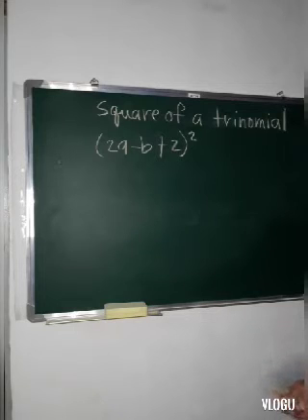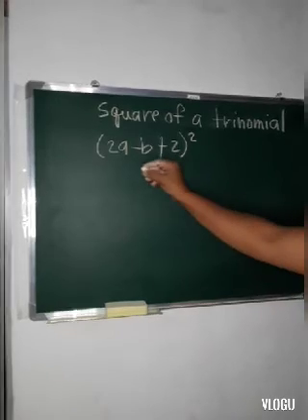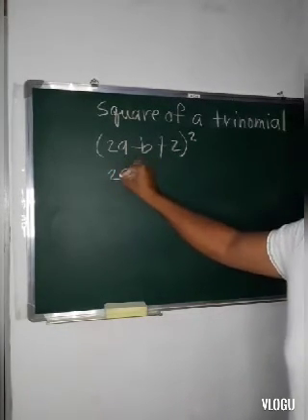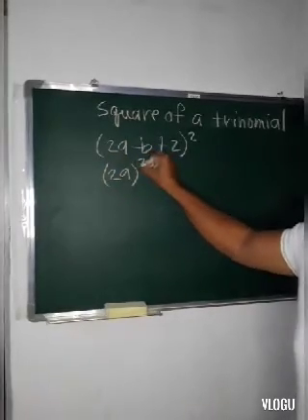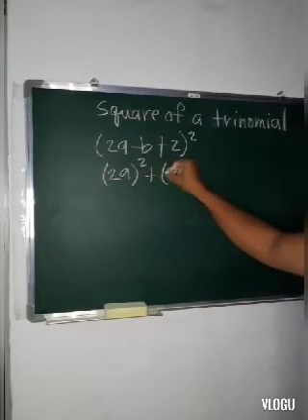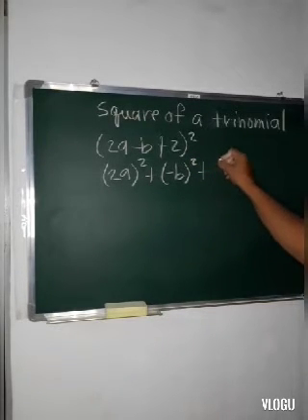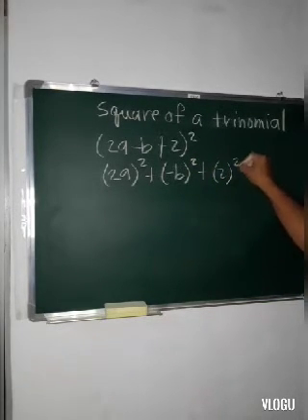So we square this one first: 2a squared, plus negative b squared, plus 2 squared.